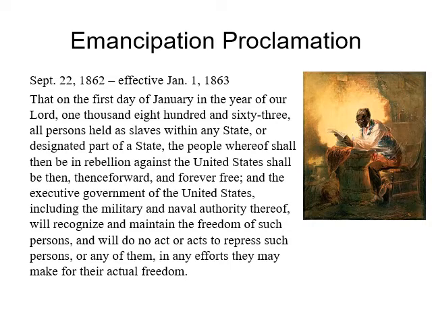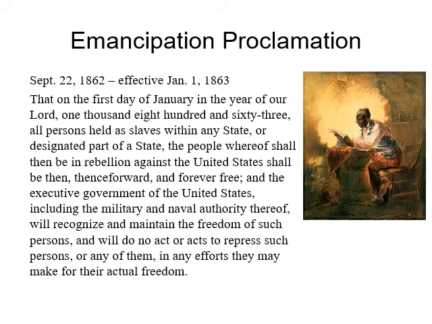And the executive government of the United States, including the military and naval authority thereof, will recognize and maintain the freedom of such persons, and will do no act or acts to repress such persons or any of them in any efforts they may make for their actual freedom.